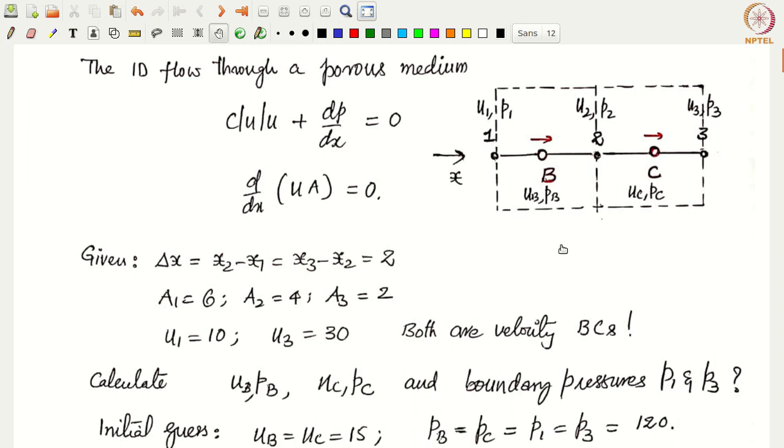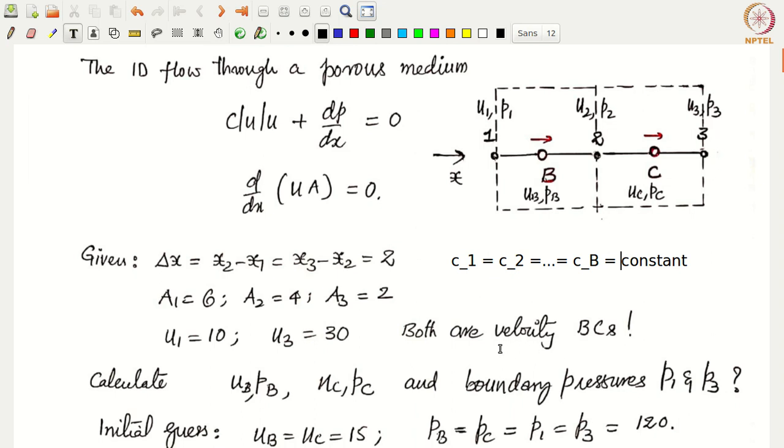Of course, the value of C at all locations, C1, C2 and so on, can be taken to be constant, even at cells B and C. Then the boundary conditions are given: the velocity at face 1 is 10 meters per second, and at face 3, u3 equals 30 meters per second.